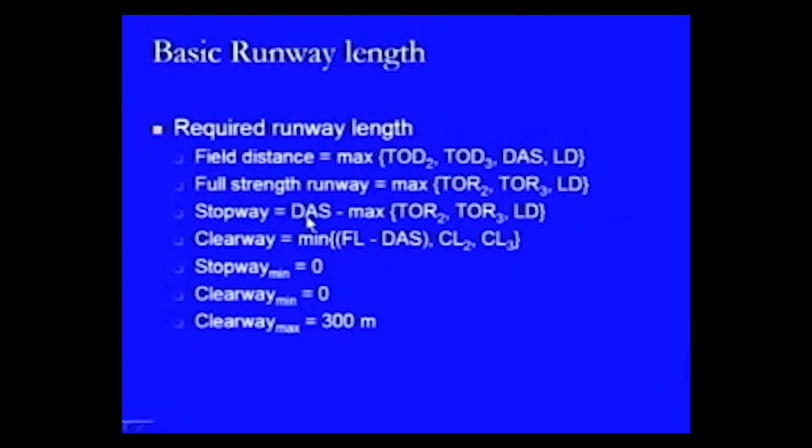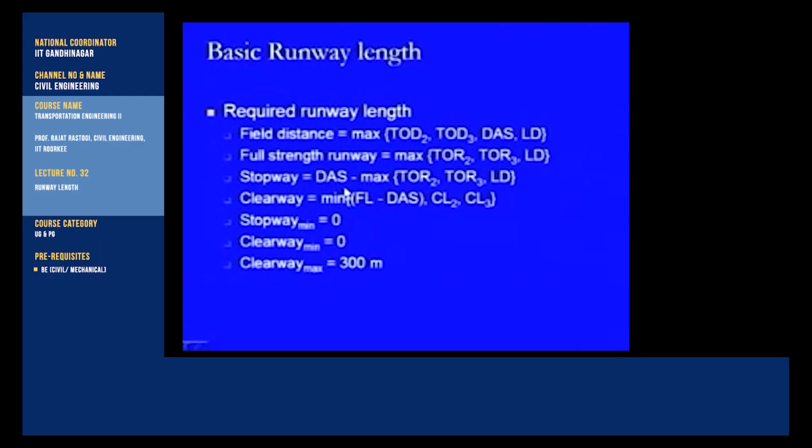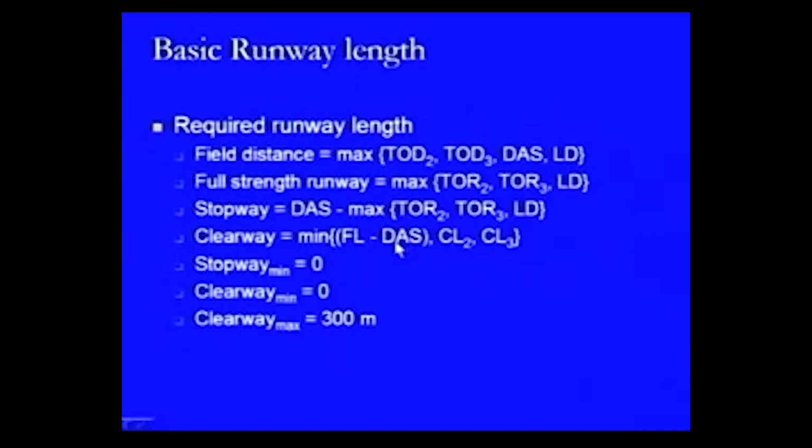Then a stopway is computed as the difference between the values for acceleration and stopping, and the maximum of the three values as computed previously, whereas a similar clear way is going to be the minimum value out of the clear way length computed in the second and third case, and the difference between the field length and the distance for accelerate and stopping condition.